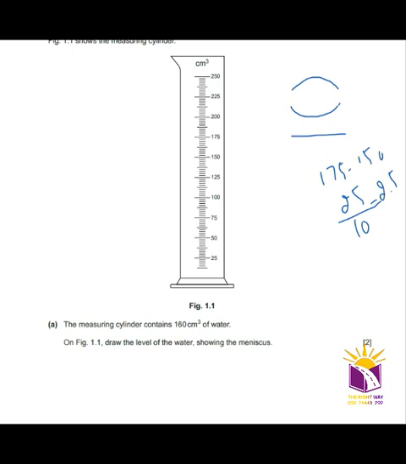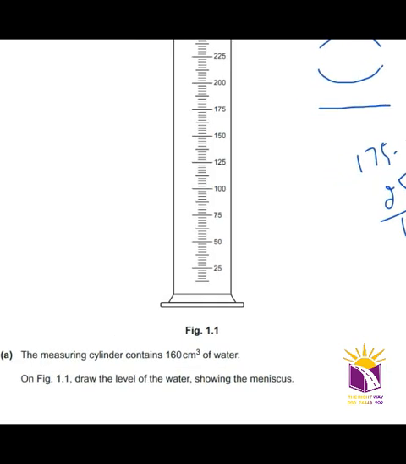So for this, 150 will be the fourth line: 152.5, 155, 157.5 and the last one 160. So we are going to draw the meniscus on the fourth line, a horizontal line at the center and curve at the edges. It will be our meniscus.